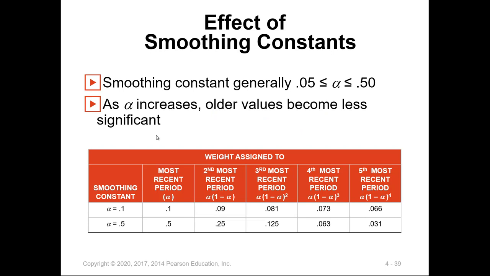The smoothing constant will generally be between 0.05 and 0.5, and as alpha increases, older values become less significant, as given in the table.